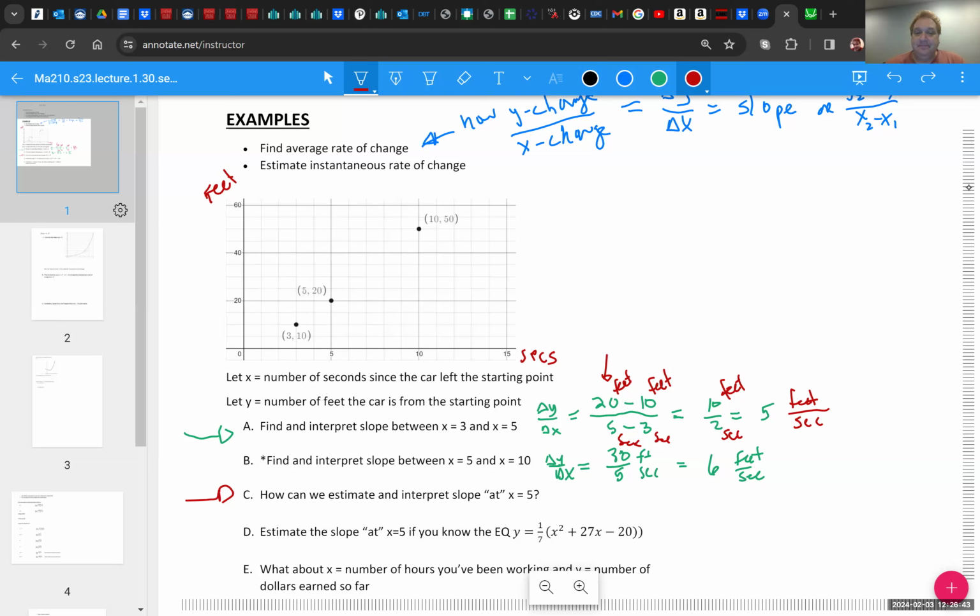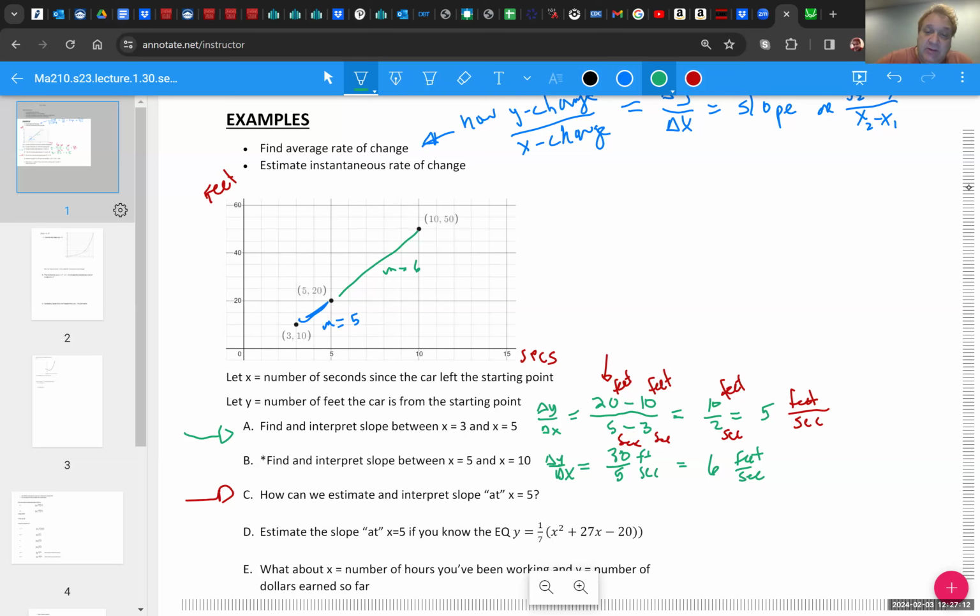All right, so we know from the left-hand side, the slope was equal to 5. And we know from the right-hand side, the slope was equal to 6. And we'd like to say that the slope is probably somewhere around 5 or 6. So one of the things we can do just to estimate the slope at a particular point is look at the left, look at the right, and maybe average them together.